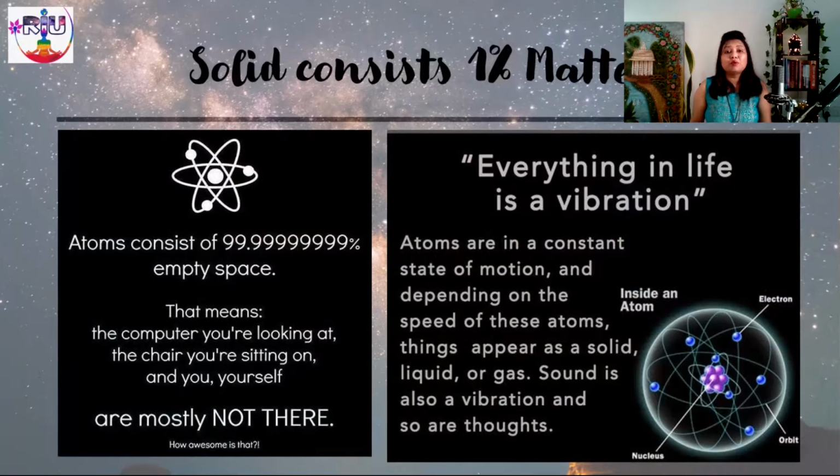Yes, 99.99% is empty space. Then what is there in that empty space? Energy, or you can say the electromagnetic energy. Even the human body is a reservoir of different energies, may it be kinetic energy, thermal energy, electric energy, magnetic energy, sound and light energy.